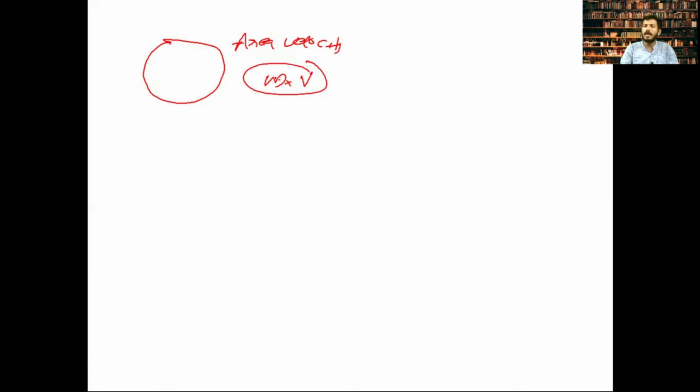Angular momentum is mass into angular velocity. The second law says equal areas are swept in equal intervals of time. So the answer is the second law of Kepler.